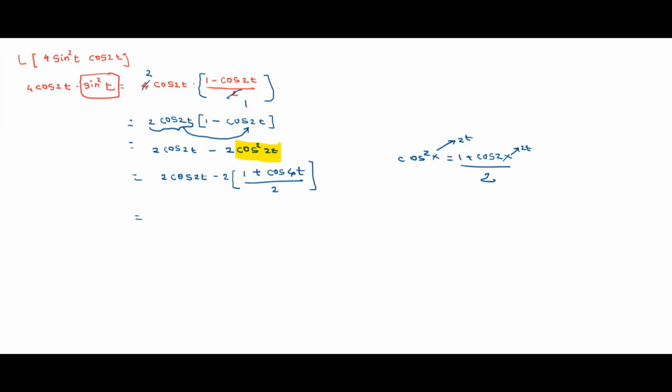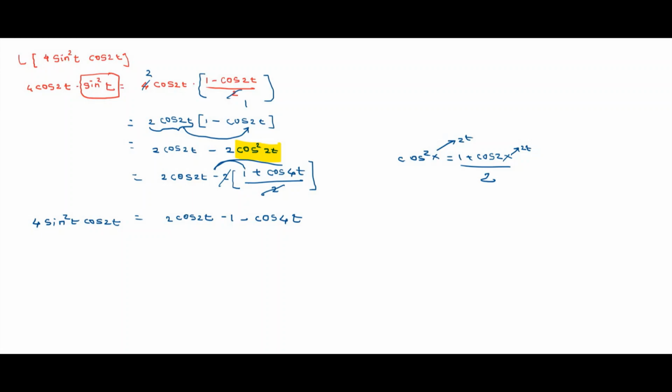The 2 and 2 get cancelled. So at last you will get 2 cos 2t, then minus into 1 is minus 1, and minus into cos 4t is minus cos 4t. This is the value of 4 sine square t into cos 2t.